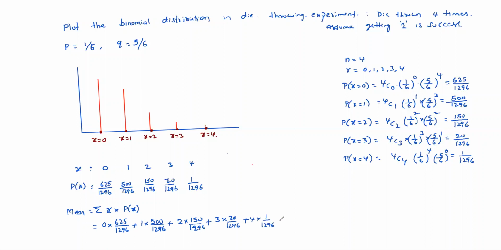How much? 500 plus 2 into 150 plus 3 into 20 plus 4, that is 864 by 1296. If you simplify, 0.67. 0.67, that is 2 by 3, right? 2 by 3, sir. 2 by 3.